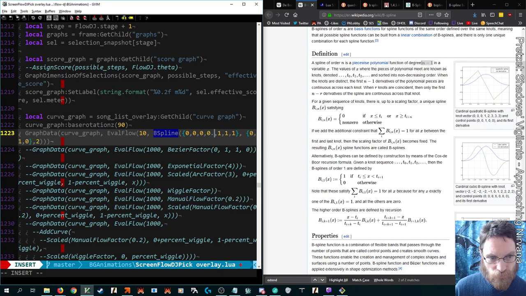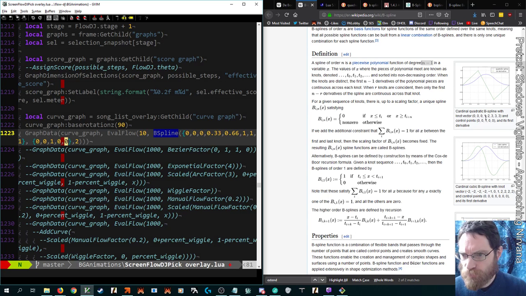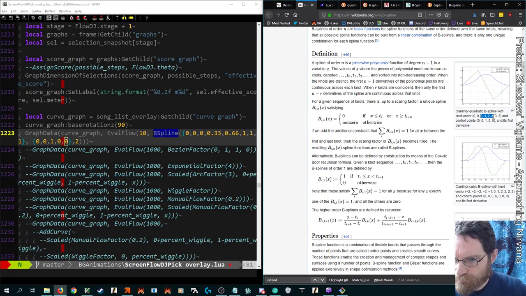So 0, 0, 0, 0.33, 0.66, 1, 1, 1 to normalize it. But then this needs to be a vector of 5. So it's 8 minus 5. So if that was 4 things, you need more points than that, and we need padding of degree?